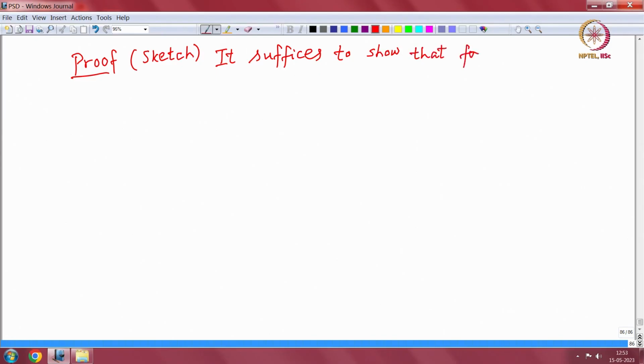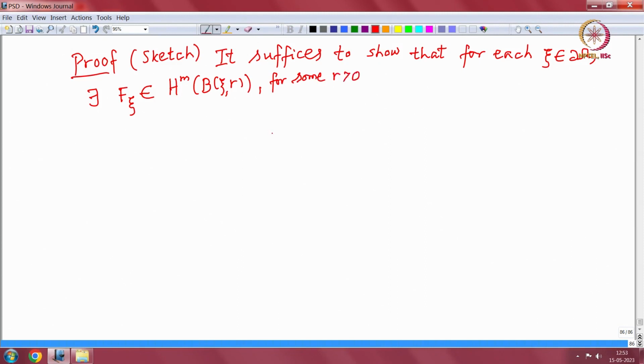for each point j on the boundary, there is a function fj in Hm of a small ball around that point, for some r positive, such that this is an extension of f in the ball.